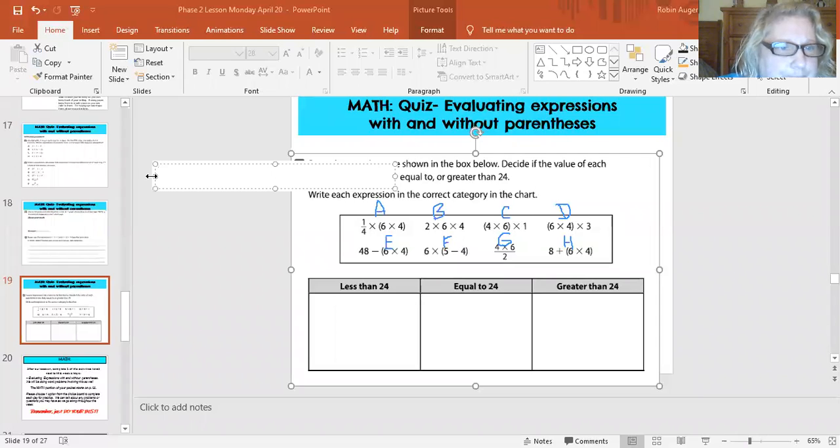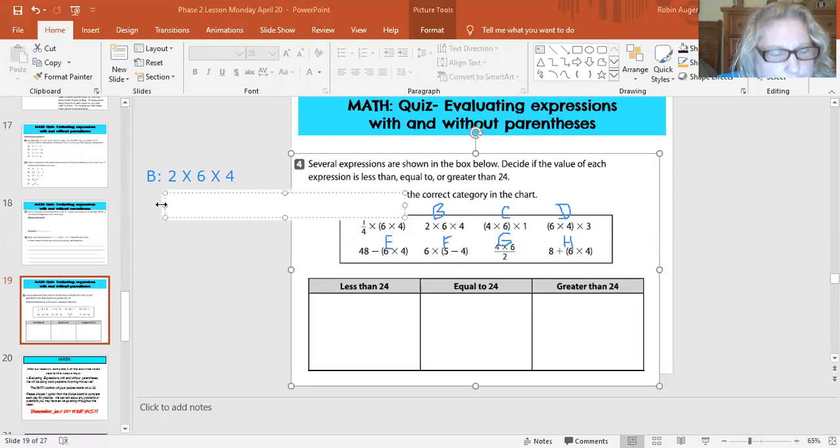What I was saying was we don't care about the order when it's all multiplication. So we had 2 times 6 times 4 as our initial problem. Then we're going to put parentheses in because it just makes it easier. 2 times 6, close parentheses, times 4.